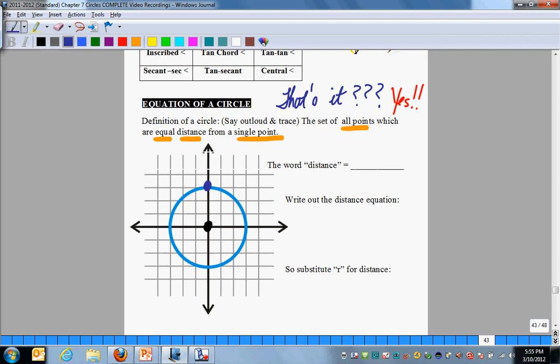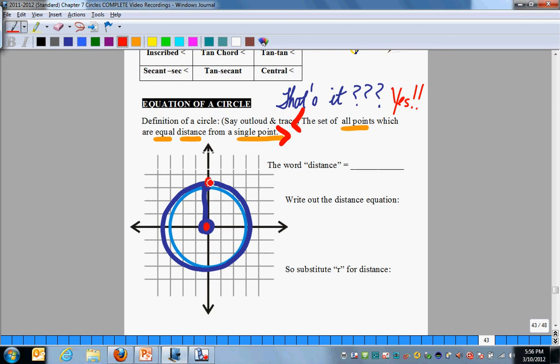A circle is the set of all points which are equal distance from a single point. If you didn't trace with me, I'd like you to trace now again and say this sentence aloud at the same time. There's your single point.